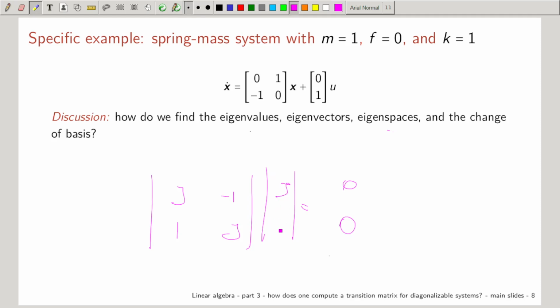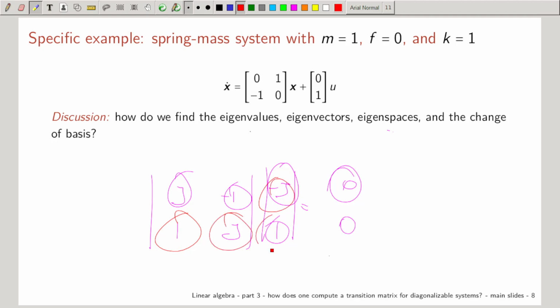I would say (j, 1), true? If I take (j, 1), I will have this times this, oh no, sorry, minus j. Minus j times this plus 1, minus 1. True? You see, it gives 0, and the same for the other one. This plus this is going to be 0.